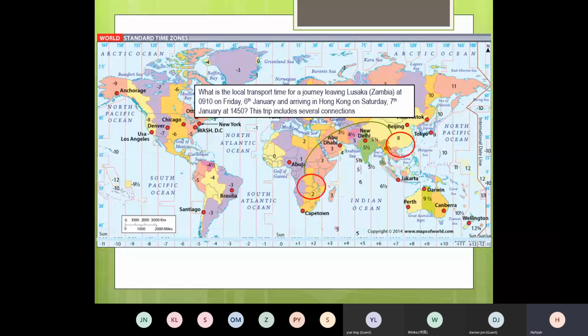If it is this kind of question, how to do? What is the local transport time for a journey leaving Lusaka, Zambia at 0910 on Friday, 6 January and arriving in Hong Kong on Saturday, 7 January at 1450? So what is the answer?